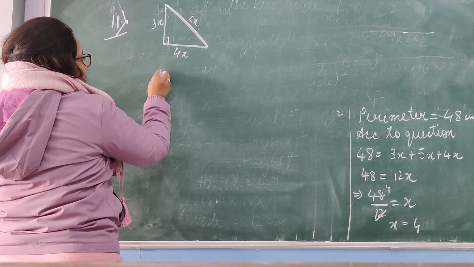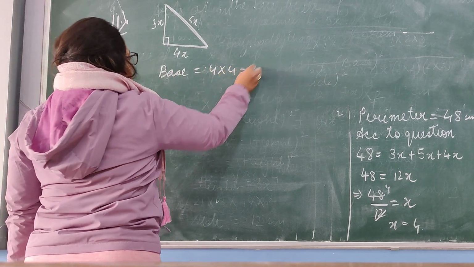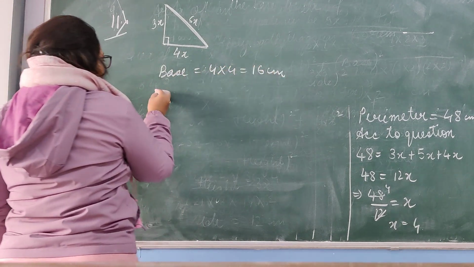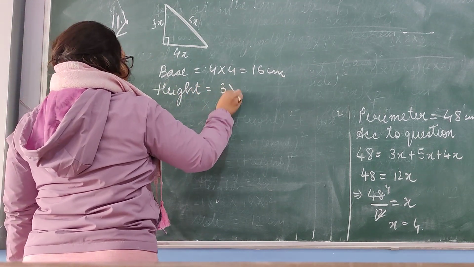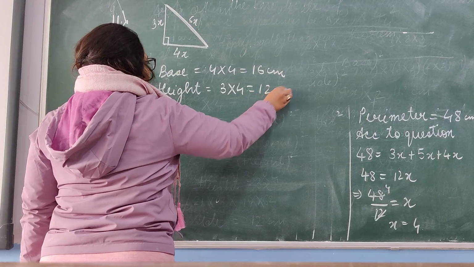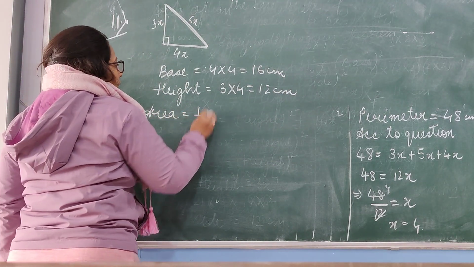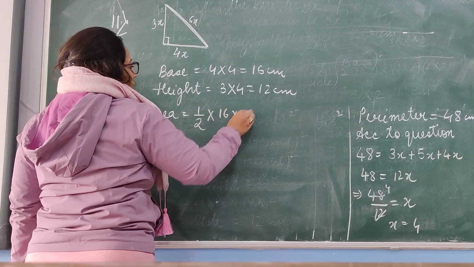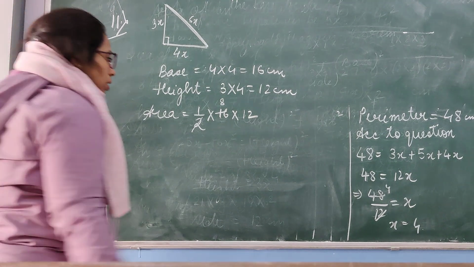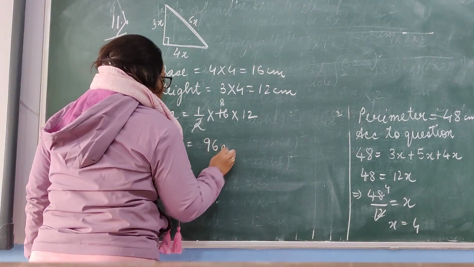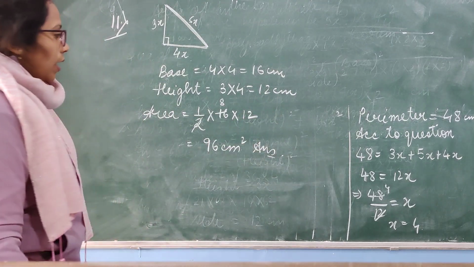So we have base is equal to 4 into 4, that is 16 centimeter. Then we have height is equals to 3 into 4, that is 12 centimeter. Now area of this triangle will be half into base into height. So 2 8s are 16, 12 8s are 96 centimeter square is the area of the given triangle.